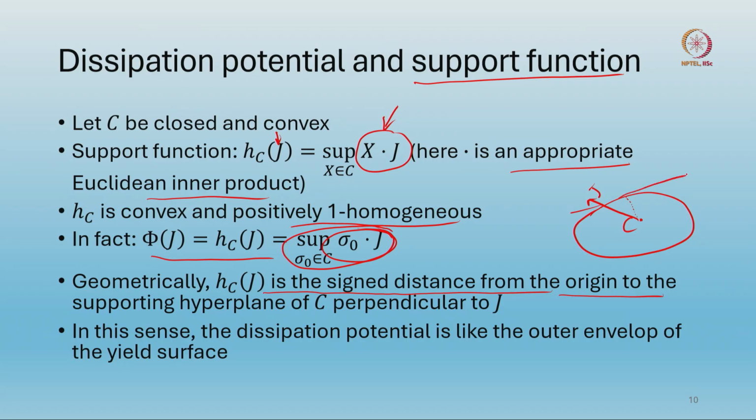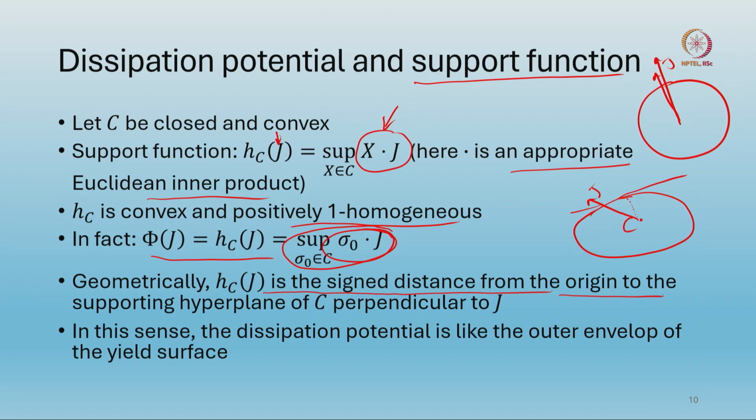So basically you draw a line from the origin to the closest point on which this is normal. If you draw it along J, it is not normal, but if it is a pure sphere, then if J is acting this way, sigma_0 is also acting this way. So for a non-sphere they are not co-directional, but that is the anisotropic case; for purely von Mises like behaviour they are co-directional.